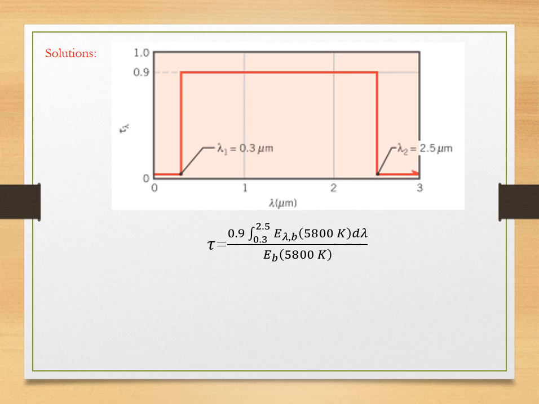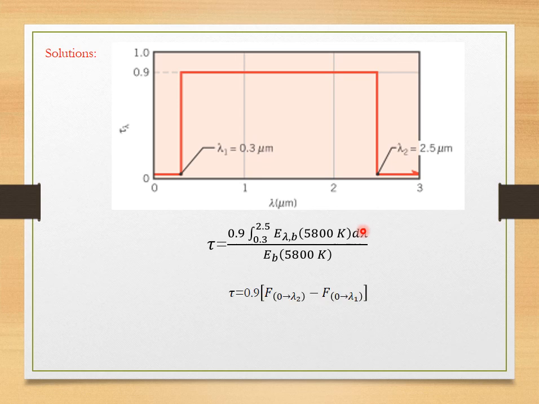We can solve this problem using the integration approach based on the information from the question. The transmissivity is 0.9, and the range of the integration is from 0.3 to 2.5 micrometer, with the emissive power at a temperature of 5800 Kelvin, divided by the total emissive power of the black body at 5800 Kelvin.